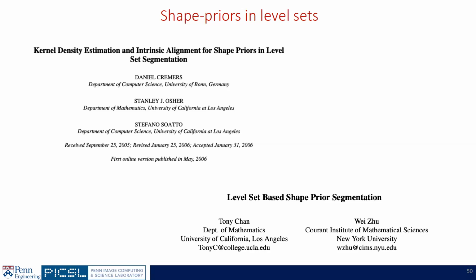Right? So these are two key papers in segmentation methods based on active contours, level sets, and fast matching algorithms, where they have one more energy function which takes care of some kind of shape prior, right?